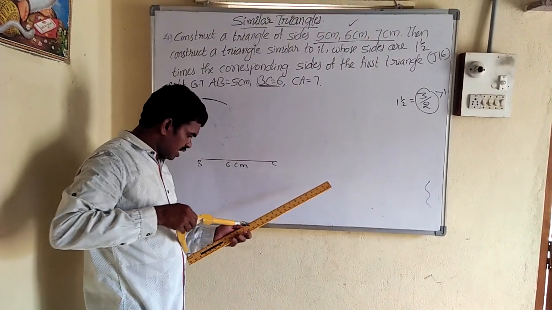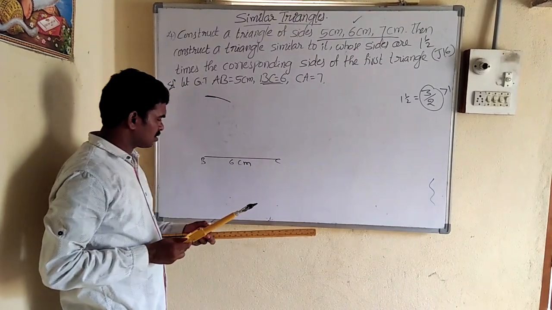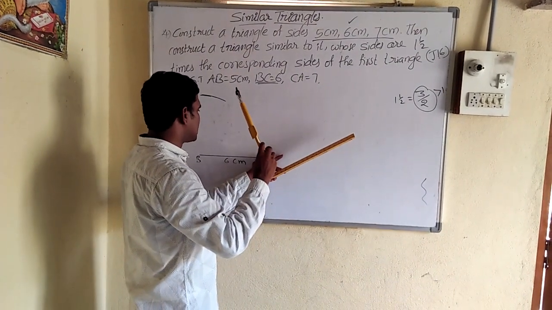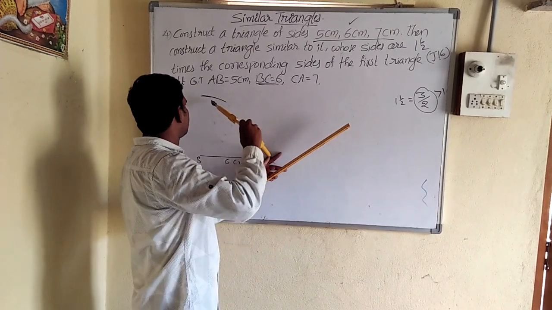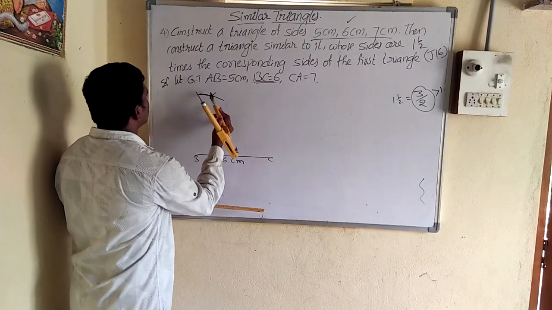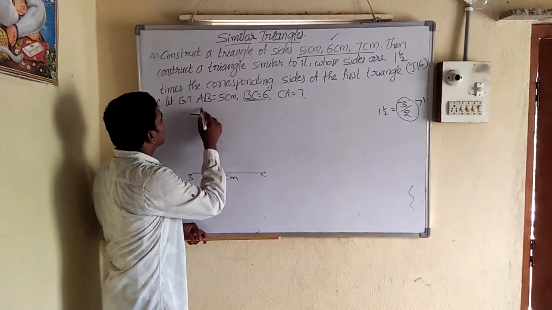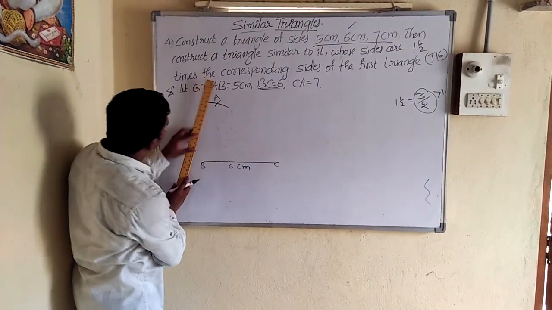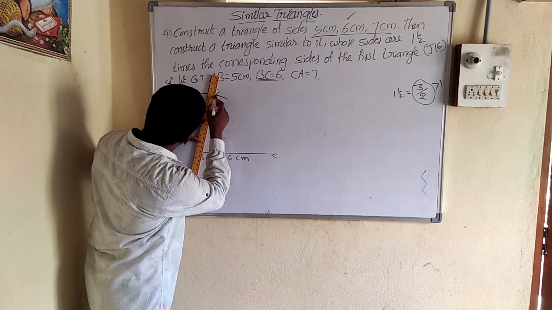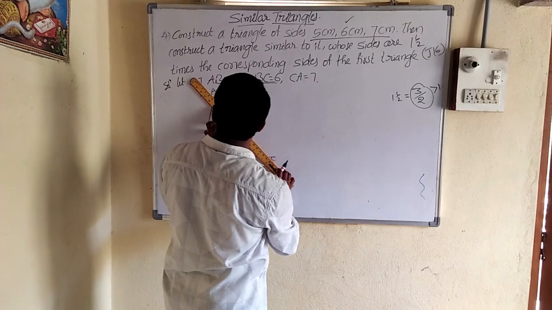So taking 7 centimeters, with C as center, draw an arc. That is A. So this is A. Now join AB and AC.